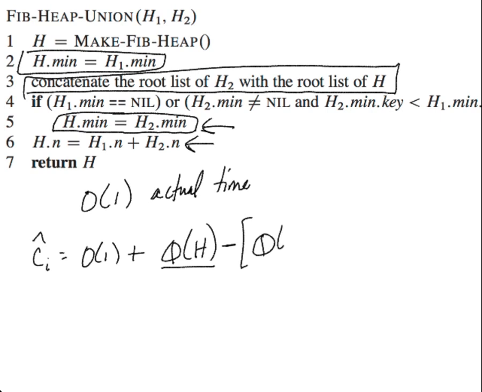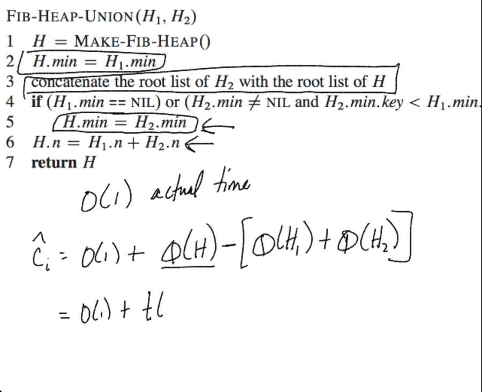Well, our original potential is the sum of the potentials of the two heaps that we're unioning together. So again, order 1 plus, and our new potential is going to be the number of root nodes plus 2 M of H, minus, and then again all of that for each of the two heaps.